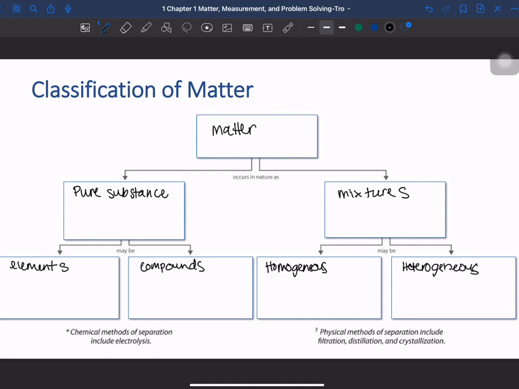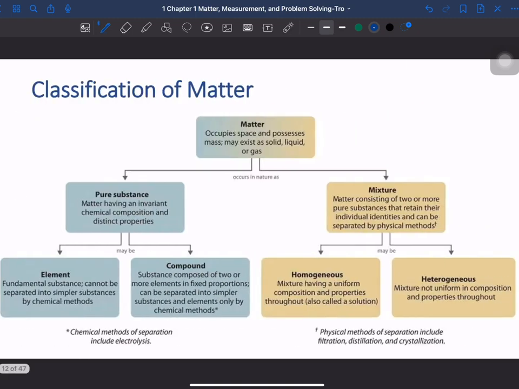These are also referred to as solutions. And then heterogeneous mixtures are not uniform in composition and properties throughout the mixture. Here is another table that goes a little bit more in depth for these different types of matter.